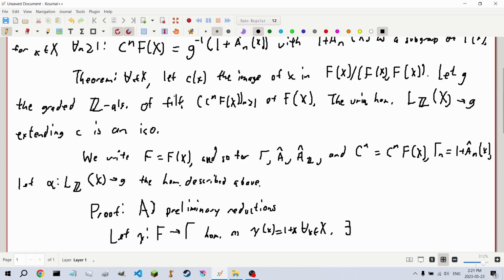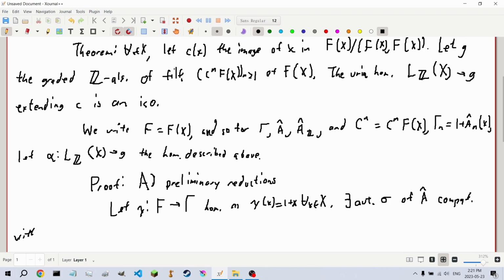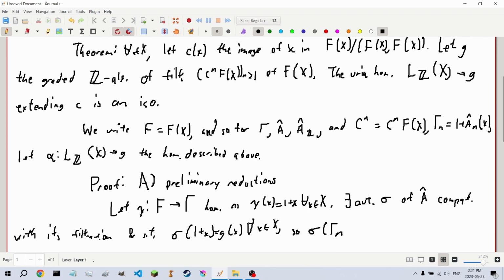Then there exists an automorphism sigma of the algebra A hat compatible with the filtration on A hat, and such that sigma of 1 plus x is g of x for all x in X. So sigma of gamma n is just gamma n for all n.